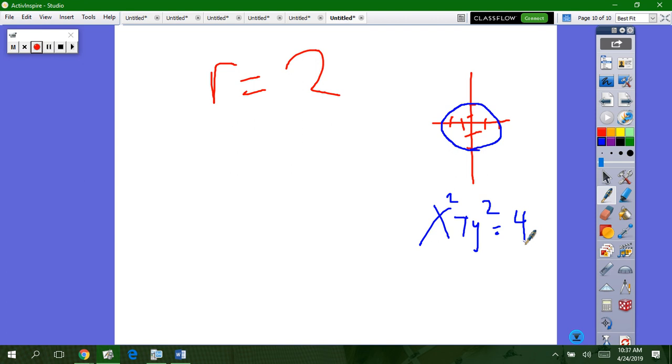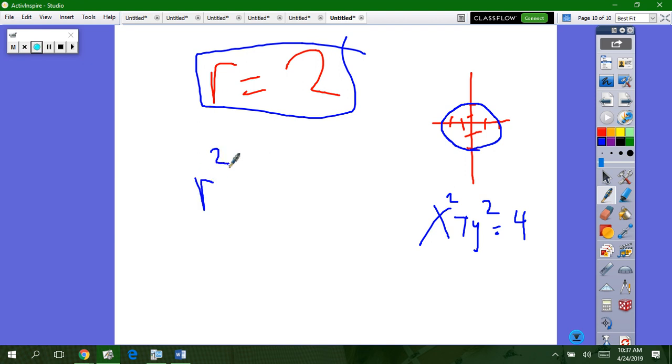Because our center is at 0, 0 with a radius of 2. But how do I get that from here? Well, let's think about it. Let's square both sides. What's another name for r squared?